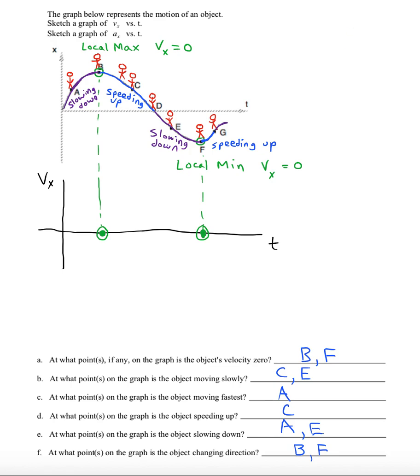Now hopefully we can use all this information to sketch a decent velocity graph. We want to see here that the velocity is high. Okay, and then it's less and less and less. So we want the slope of the graph above to equal the value of the graph below.